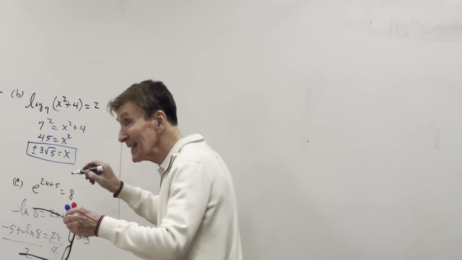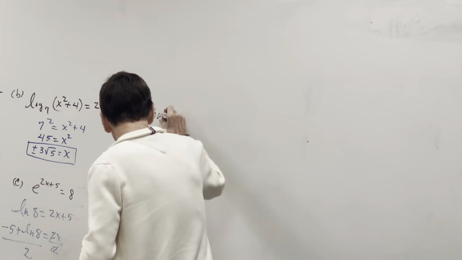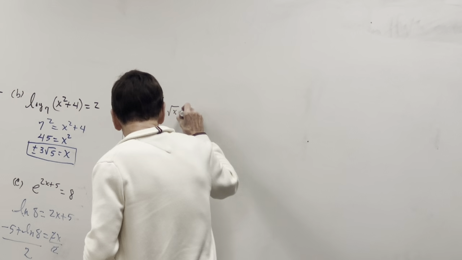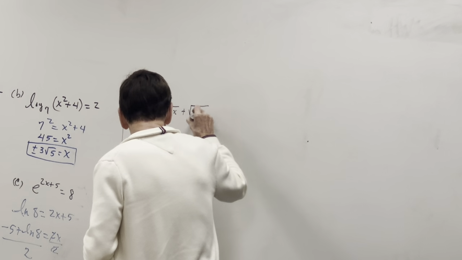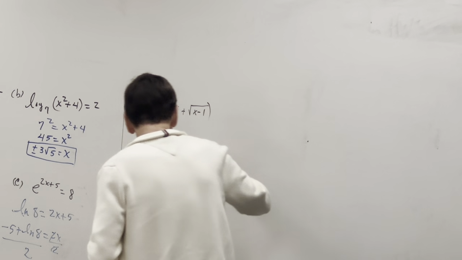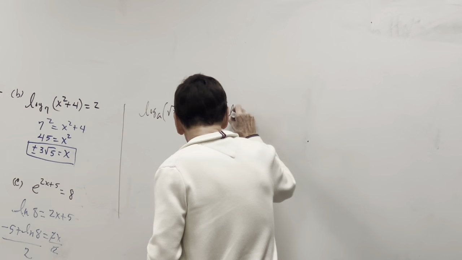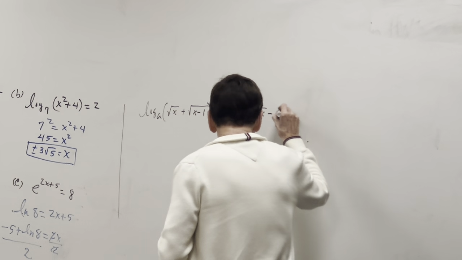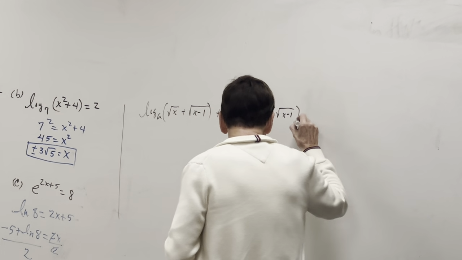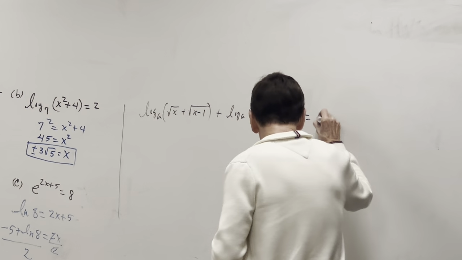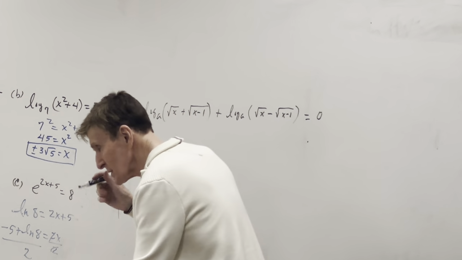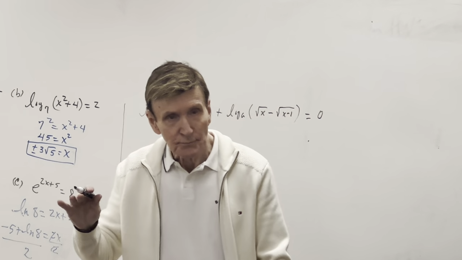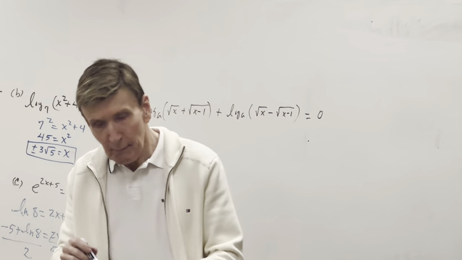Log base a of parentheses square root x plus square root x minus 1, plus log base a of parentheses square root x minus square root x minus 1, equals 0. Now, the reason I brought this in to close that down, I usually give one like this for extra credit. See how many students are going to follow me and make some sense of this.